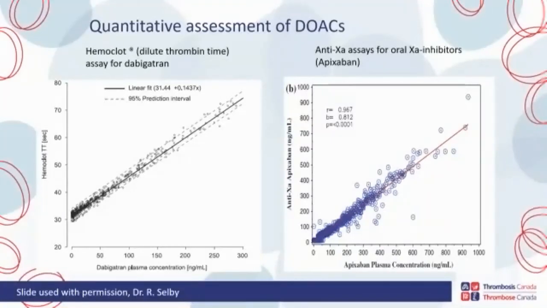So on the left-hand side is dabigatran, and on the right-hand side is an example of apixaban. And you can see that the linear fit and the response is extremely reliable when drug-specific calibrators are used on the anti-10A for the apixaban or a dilute thrombin time hemoclot assay on the left.